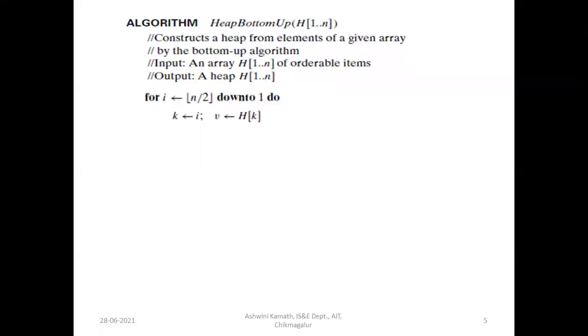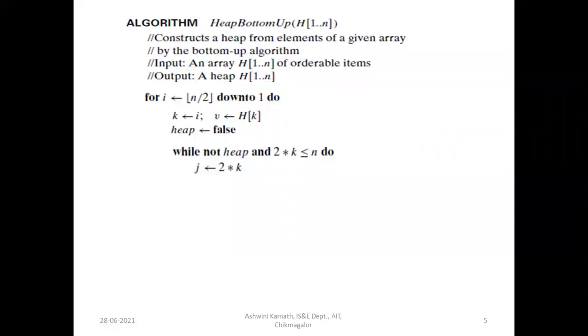Then k is equal to i, and v is equal to h of k, which is nothing but h of i initially, because k is equal to i. Initially we consider heap equal to false, since the heap is not constructed yet.